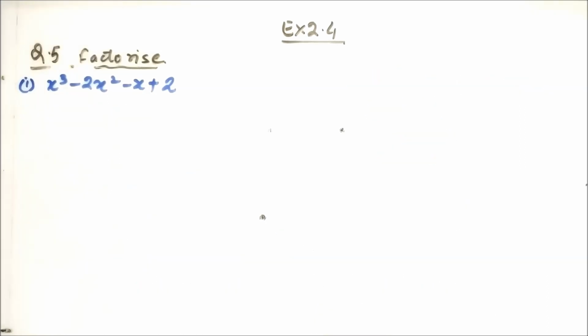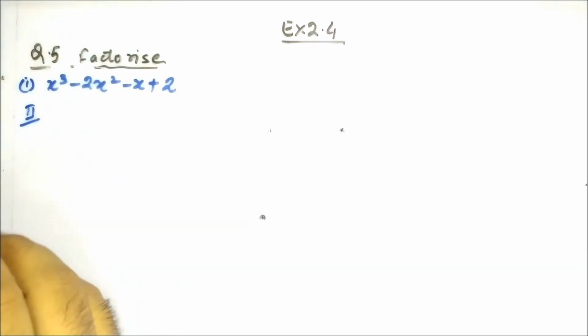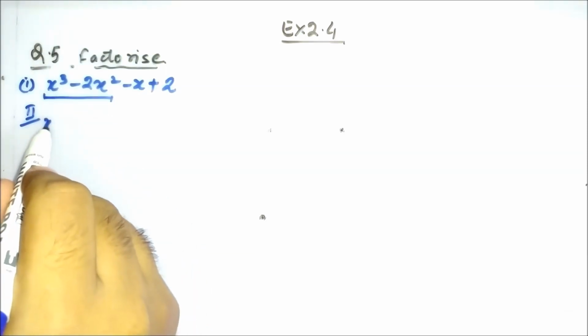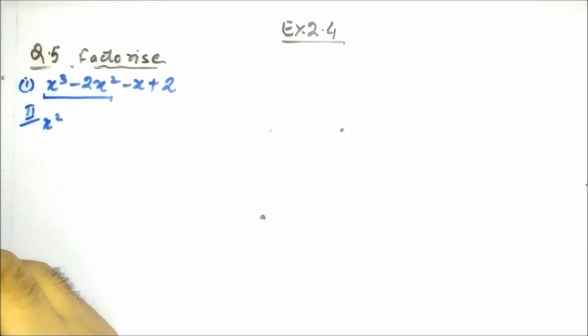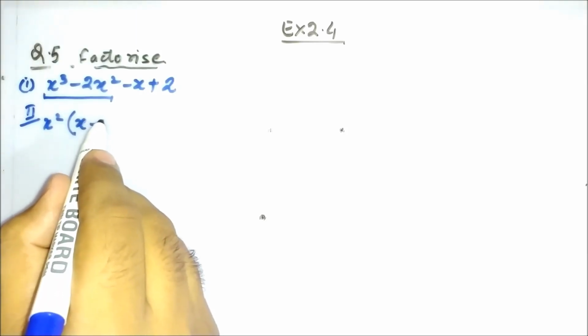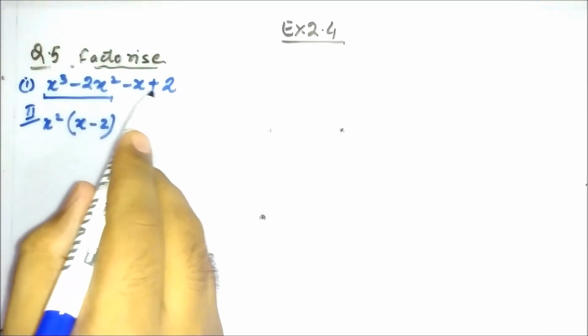Now there is one more method of solving this, that is probably the easy one. The second method is, if you see the first 2 terms, you can take x square as common. Then we are left with x minus 2 here. Now from the other 2 terms we also need x minus 2.